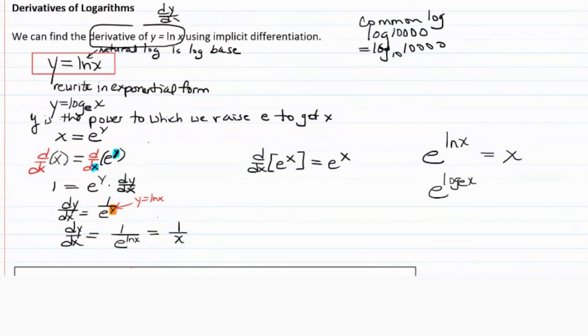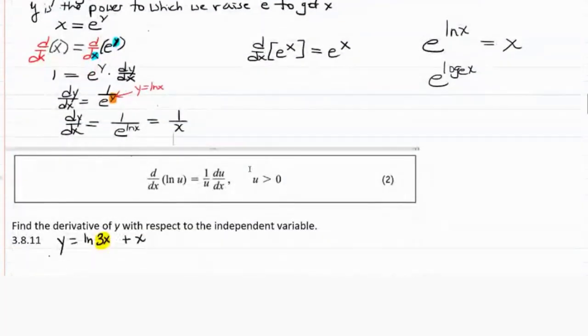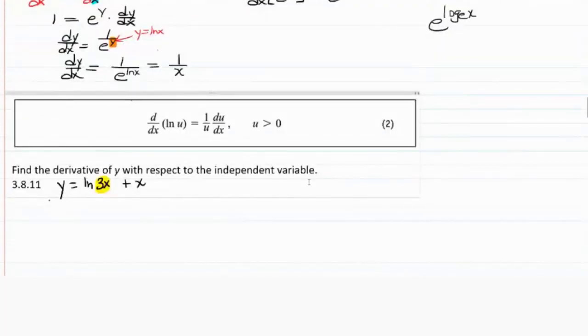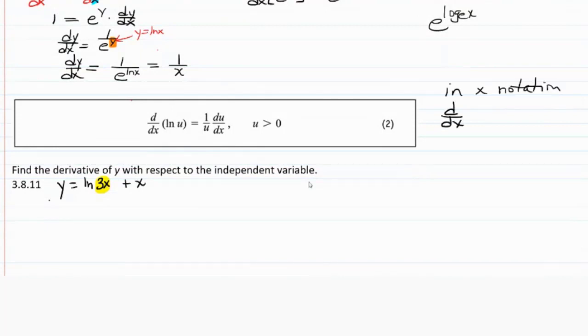So we now have a new rule. We have the rule for the derivative of the natural log. So the derivative of the natural log, well, this is written in u notation. In x notation, the new rule we have is the derivative with respect to x of the natural log of x is equal to 1 over x. Okay, remember all this u notation is it incorporates the chain rule into the notation.